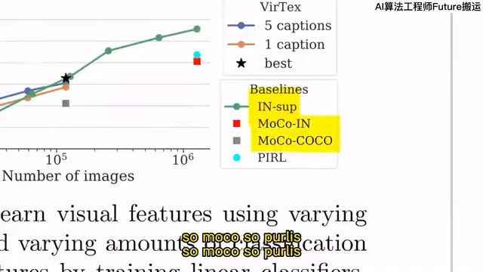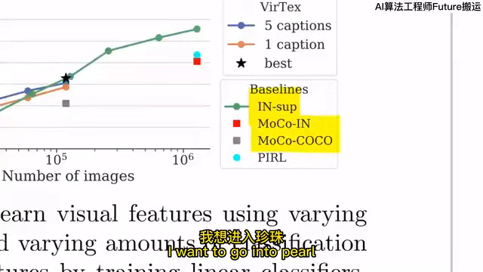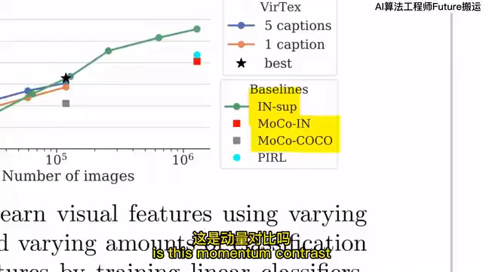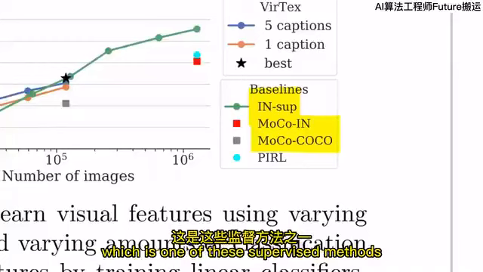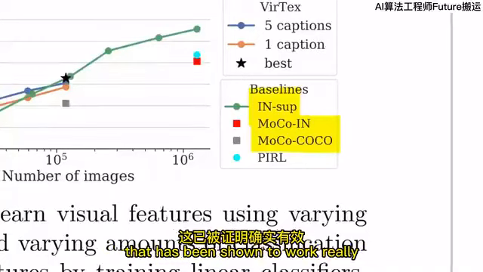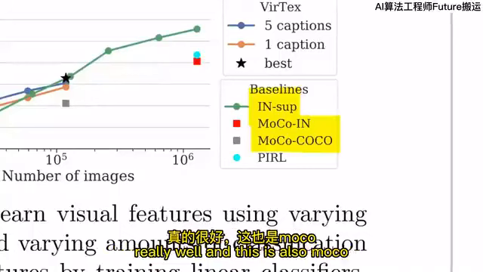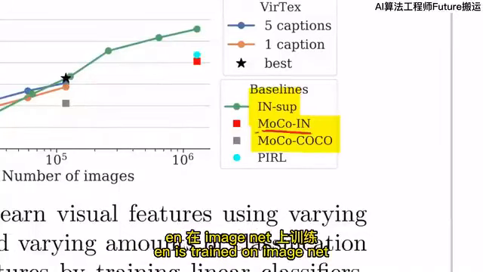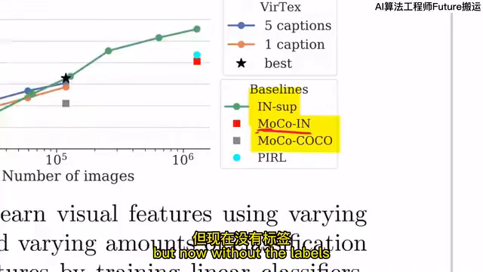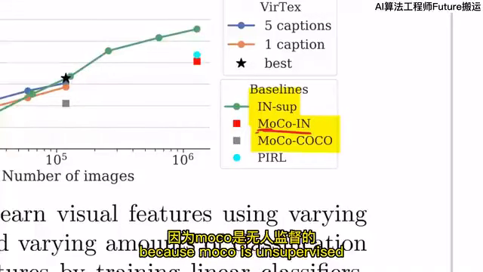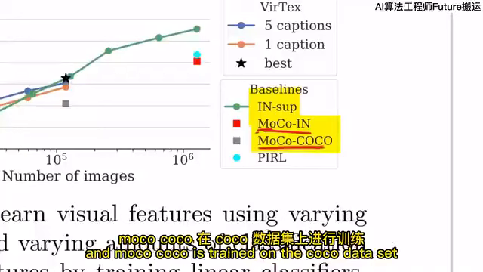So MoCo, I won't go into the other one, but MoCo is momentum contrast, which is one of these unsupervised methods that has been shown to work really, really well. MoCo IN is trained on ImageNet, but now without the labels, because MoCo is unsupervised. And MoCo COCO is trained on the COCO dataset.